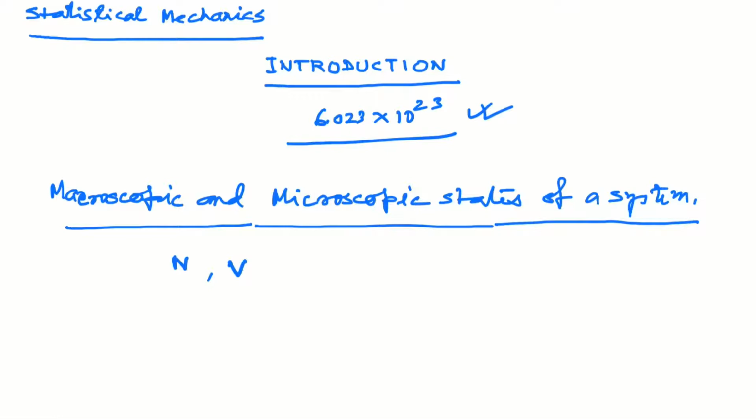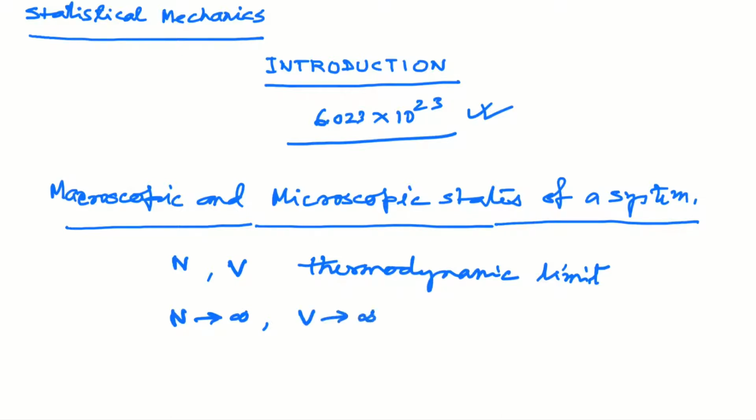In view of this, it is customary to carry out analysis in the so-called thermodynamic limit, which is when N tends to infinity and V tends to infinity in such a way that the ratio N to V, which represents the particle density, stays fixed at a pre-assigned value. So this remains constant.